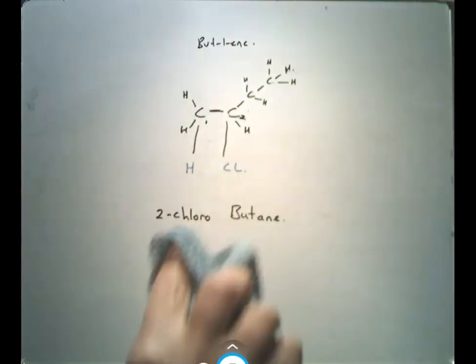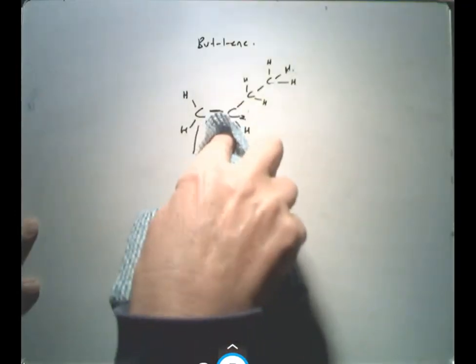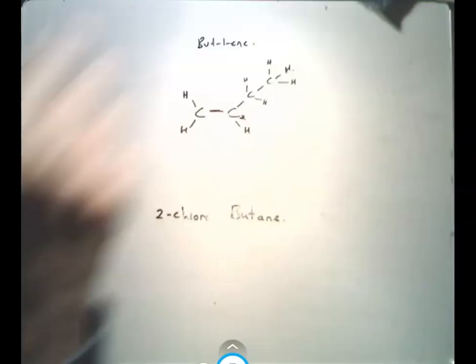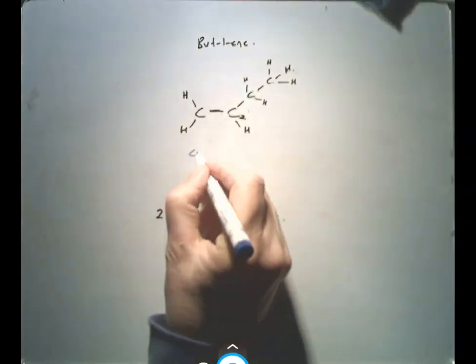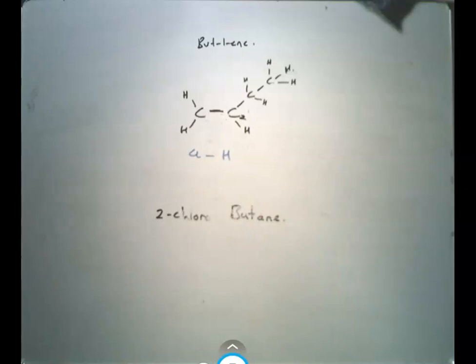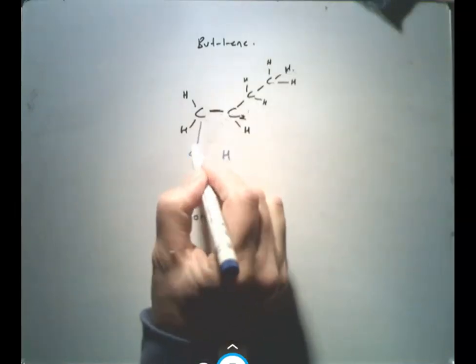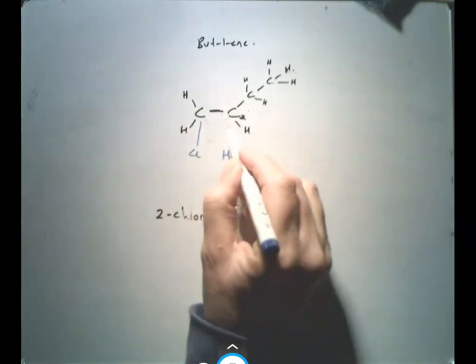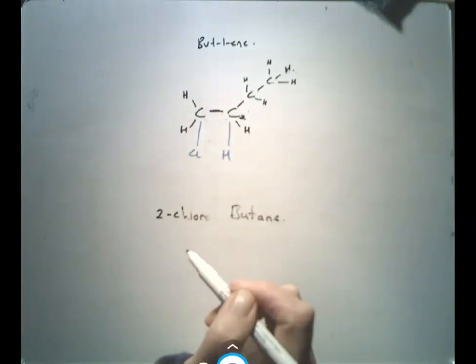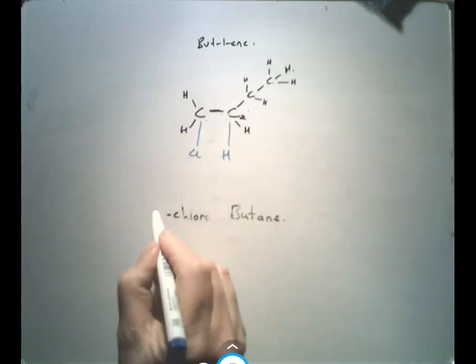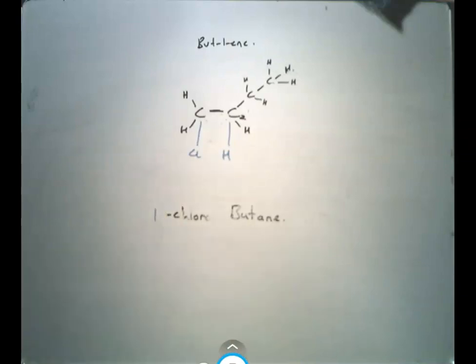Alright, so if this molecule was flipped over, so the chlorine was here and the hydrogen was there, you can see that when that breaks, you can get the chlorine on the first carbon and the hydrogen on the second carbon. So you would get 1-chlorobutane.